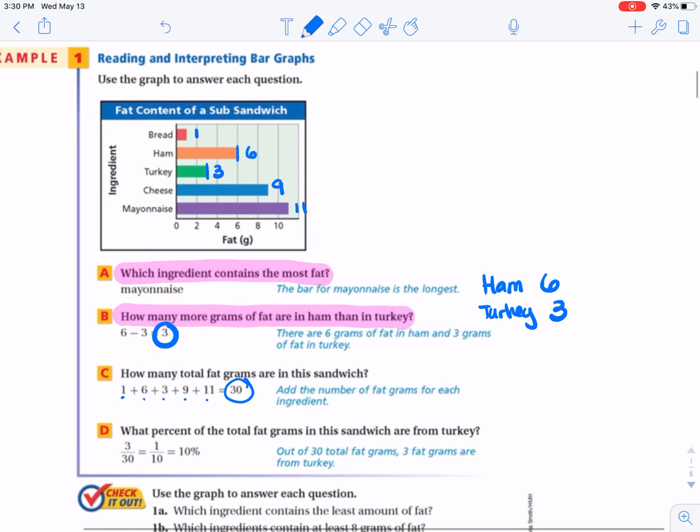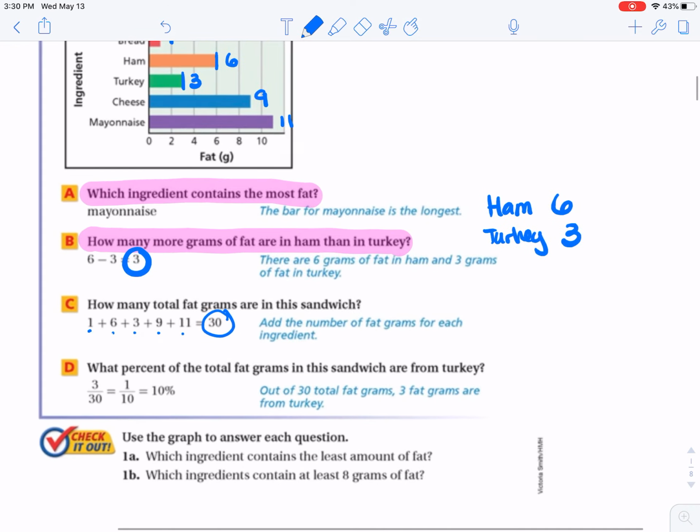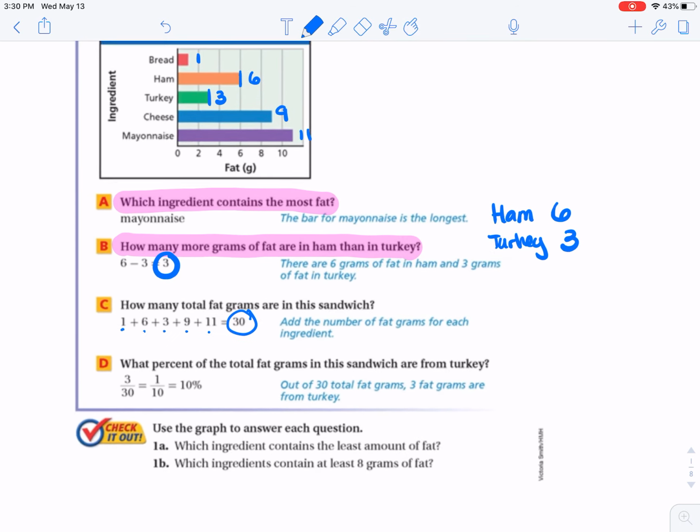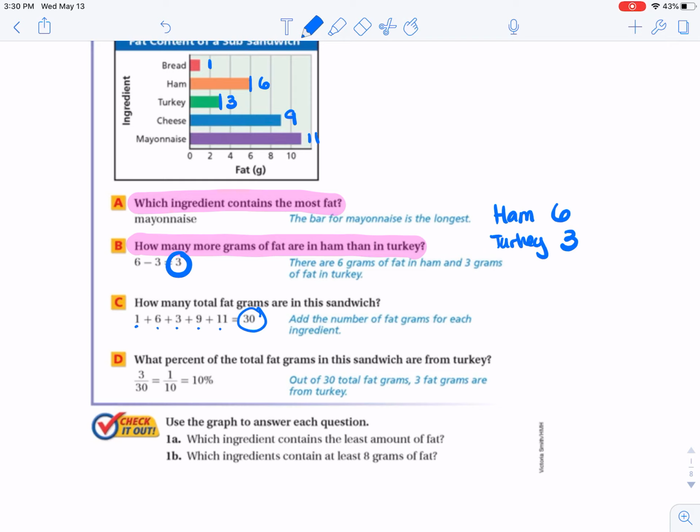Now, maybe to bring it up to the high school level, they're going to make you transfer it into percentages: what percent a specific part of the sandwich is of the whole. So it says, what percent of the total fat grams in this sandwich are from turkey? Well, we just figured out that the total was 30 in question letter C. So that goes on the bottom of your proportion. Turkey had 3 grams of fat. So you can do a couple things here.